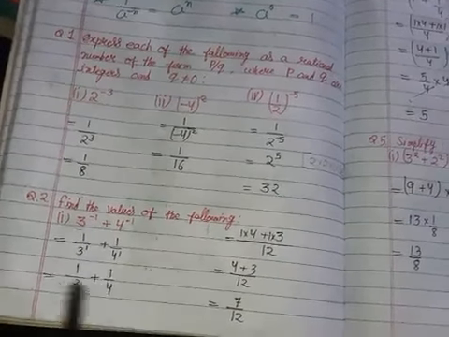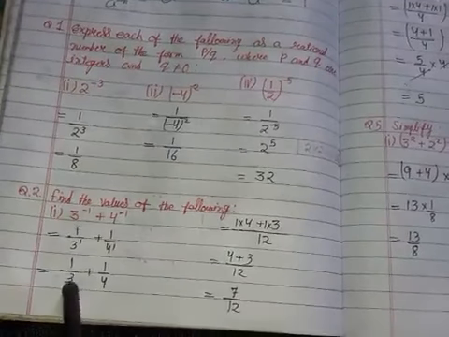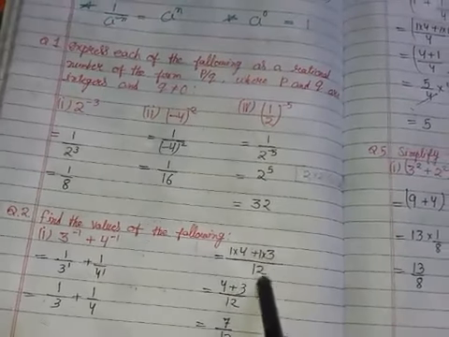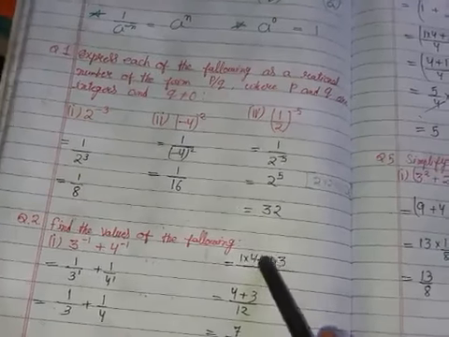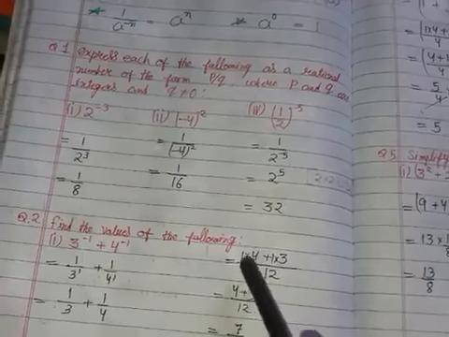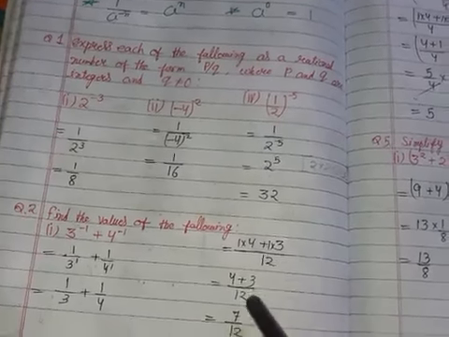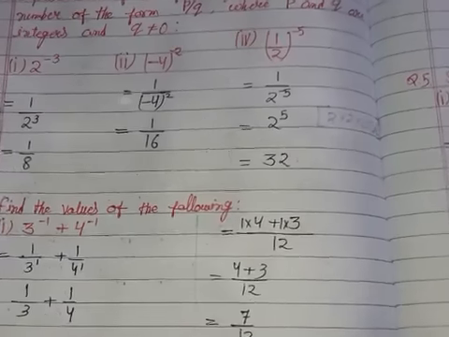Power 1 means 4. So we take LCM of 3 and 4, we get 12. When we divide it by 3, we get 4, so 1 into 4, plus when we divide it by 4, we get 3, so 1 into 3. So 4 plus 3, 7 by 12.